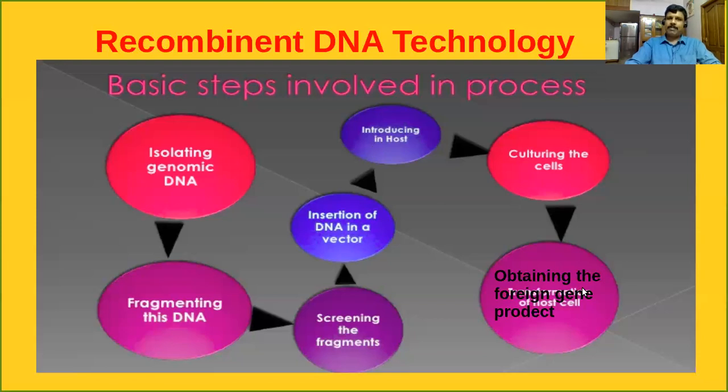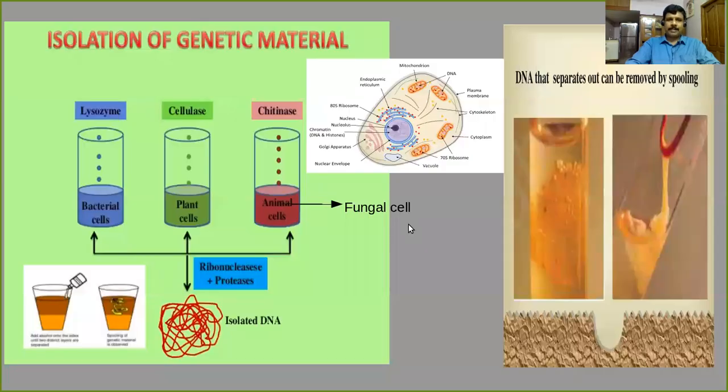As per the example, you remember what is the foreign gene product? Human insulin. Today, in this video lesson, I will discuss the first two steps, that is the isolation of DNA and the fragmentation of DNA by using restriction endonuclease enzyme.